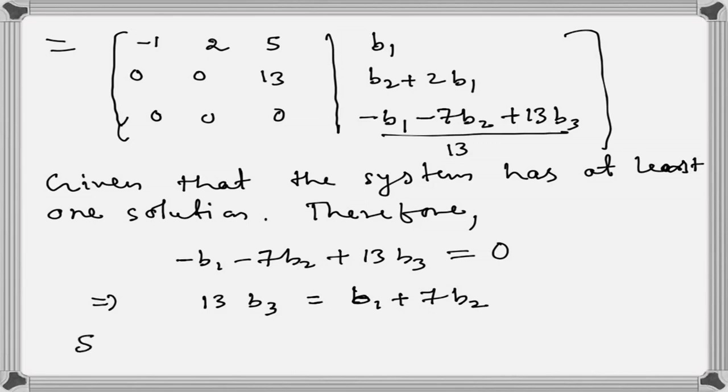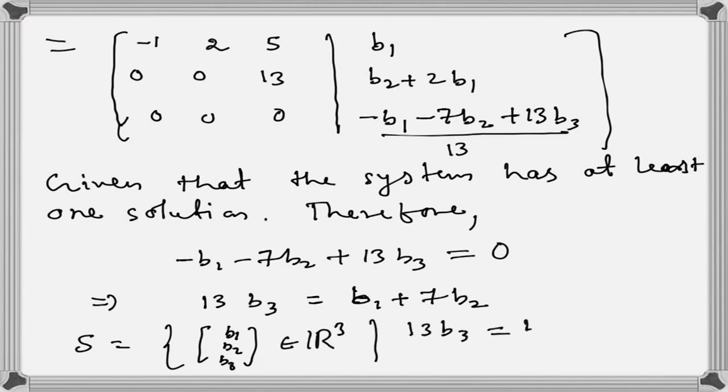So S is the set of column matrices b1 b2 b3 belonging to R3 such that 13 b3 is equal to b1 plus 7 b2. Okay, so we have formed the S set.